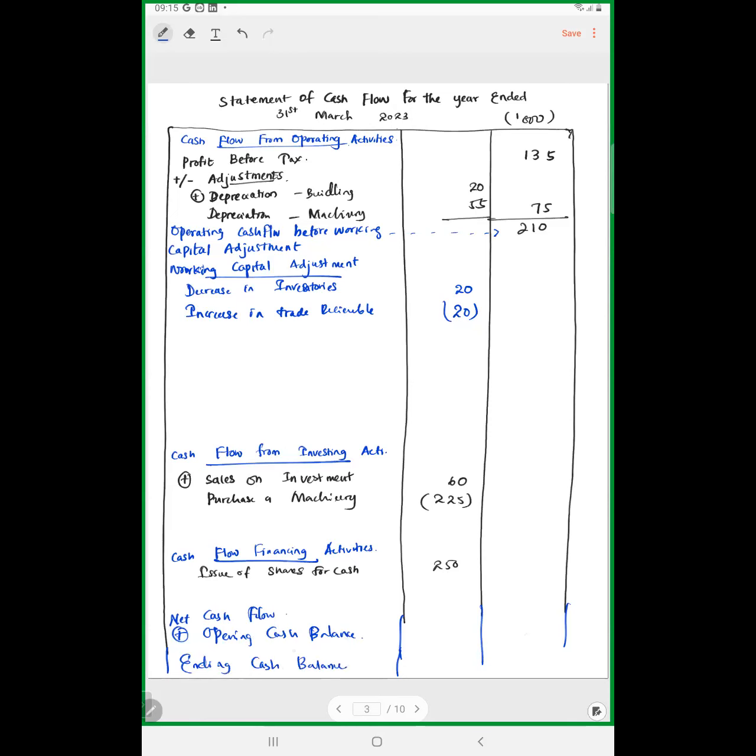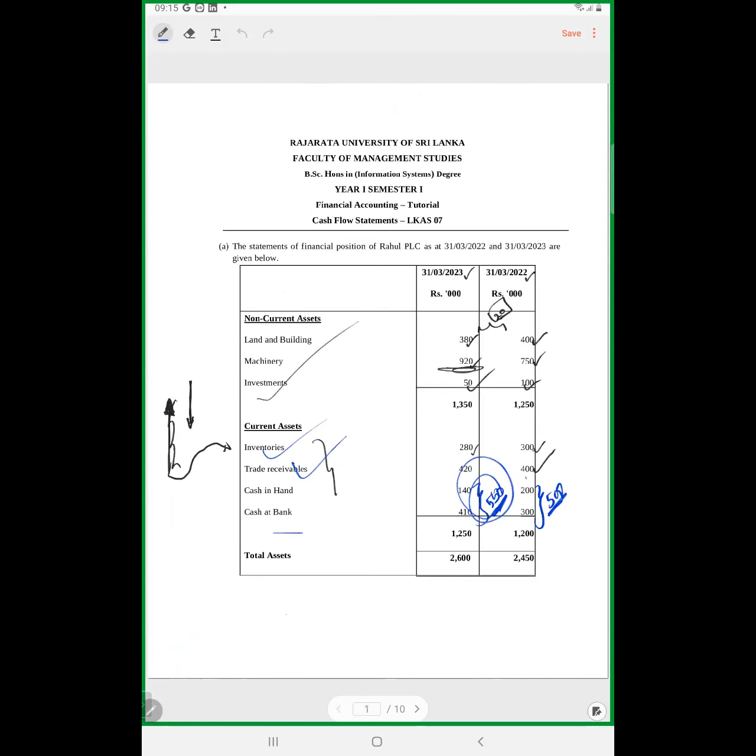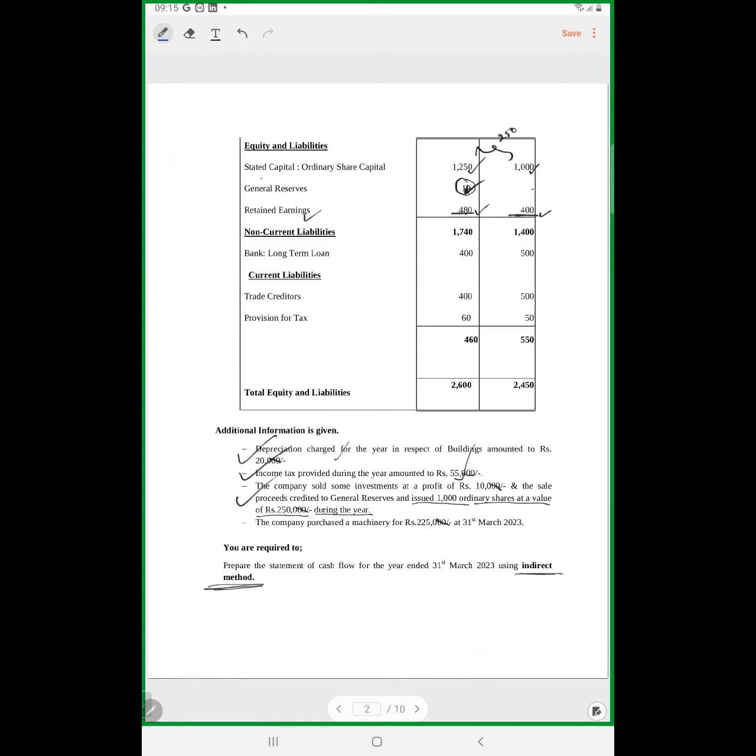So opening cash balance, how much? 500 should be added. Right? Then cash and bank also okay. Final balance should be 550, right? Please keep in mind. Then share capital okay, general reserve okay, retained earnings okay.